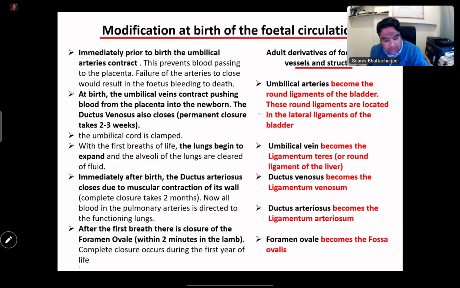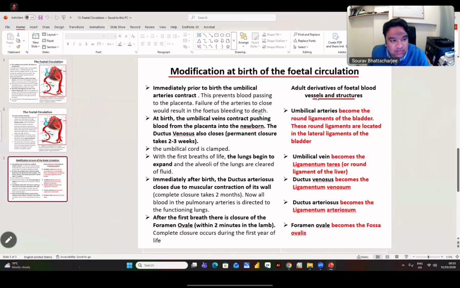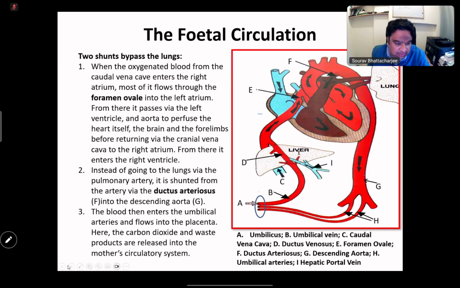One final thing, the ductus arteriosus, we have talked about this ductus arteriosus over here. I will start the laser pointer. This ductus arteriosus closes after the baby is born, but sometimes it can stay open.